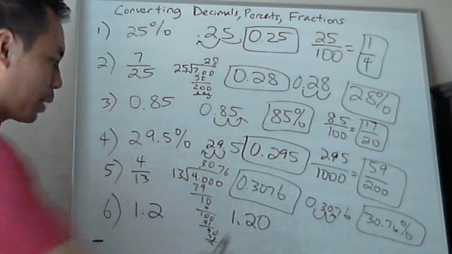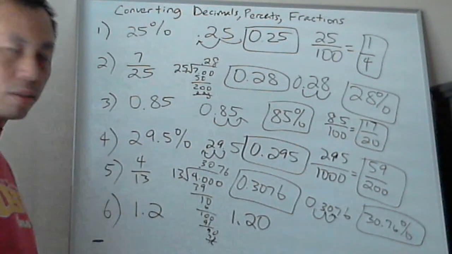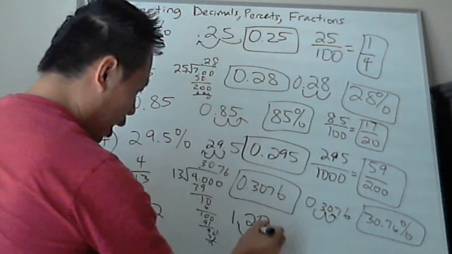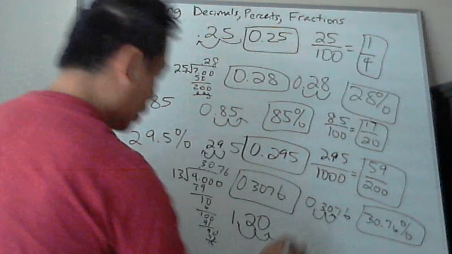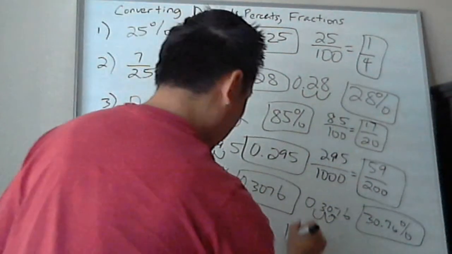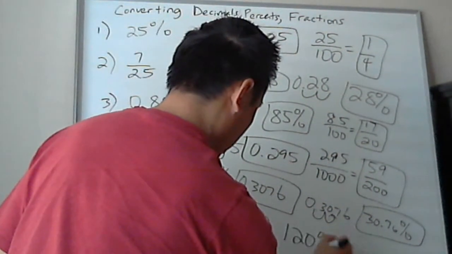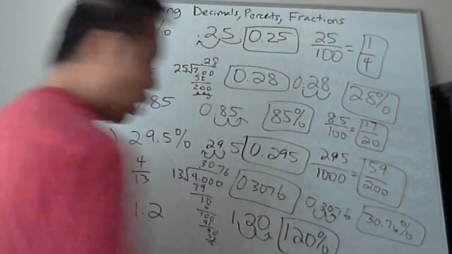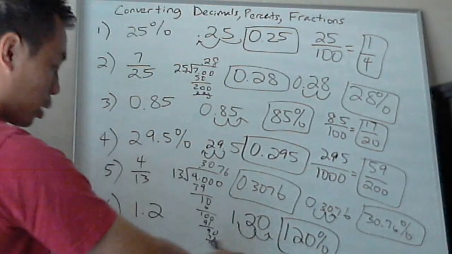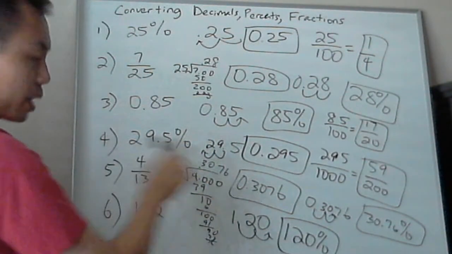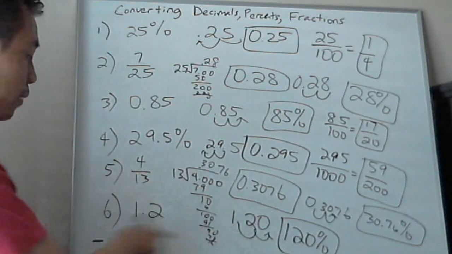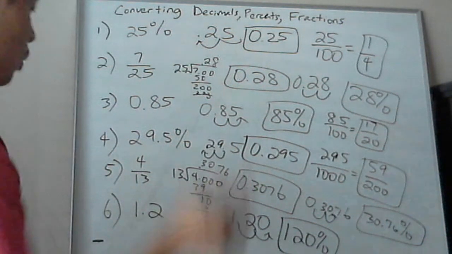You can easily do that because 1.20 is the same thing as 1.2. So now, do the same thing, hoppity hop, 2 spaces to the right. So now I get 120. So the answer is 120%. Not 12%, 120% because you need 2 spaces, okay? So you always have to count 2 spaces to the right when you change it to percent from a decimal, and vice versa, the other way around.